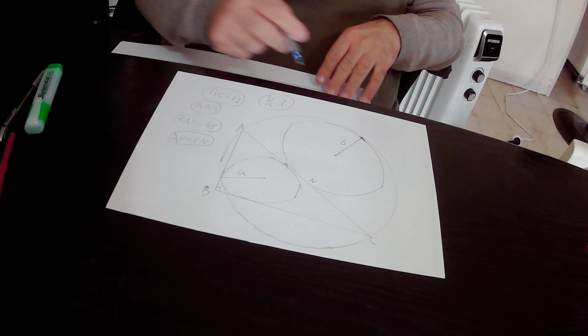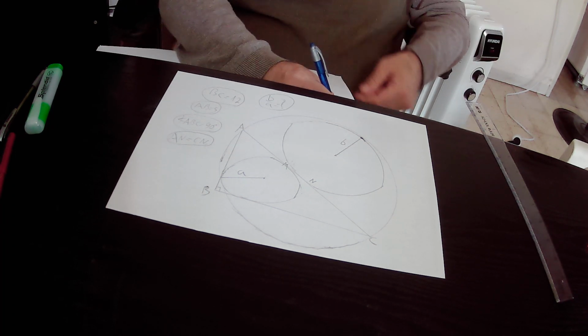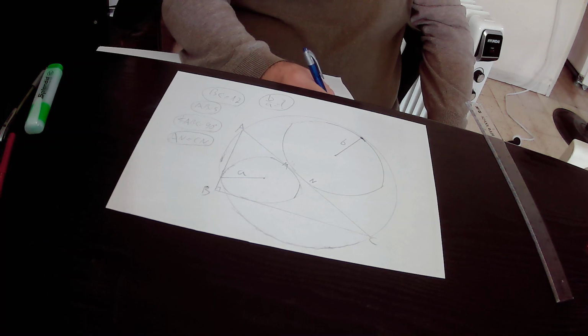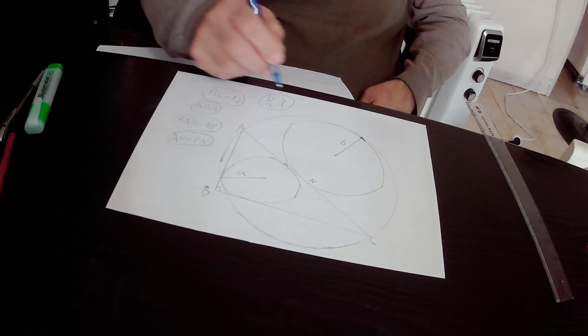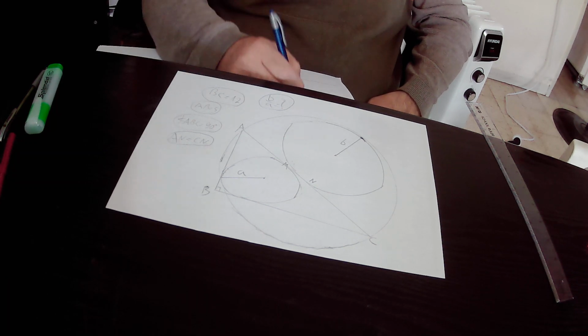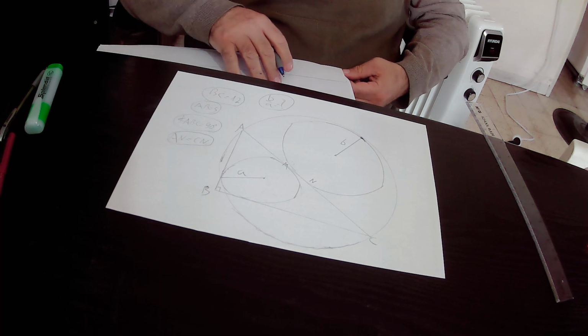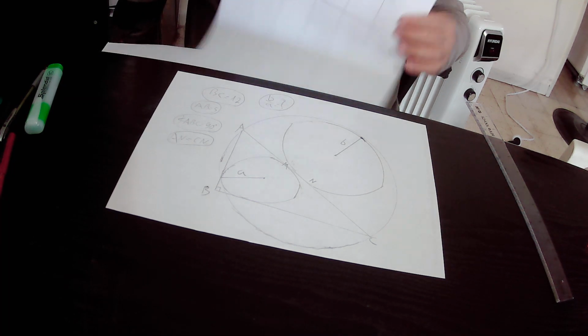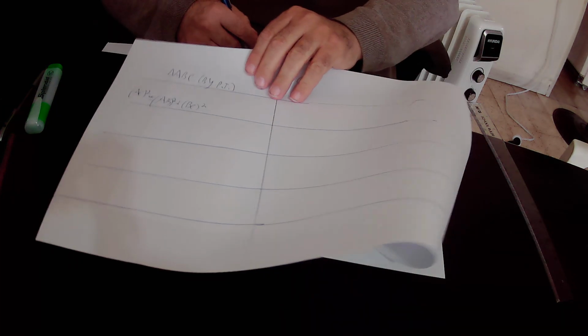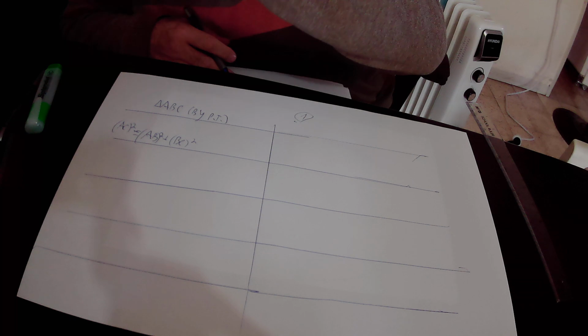So the hypotenuse in the right triangle ABC is AC, therefore the square of the hypotenuse is AC square, and it must be equal to AB square plus BC square.